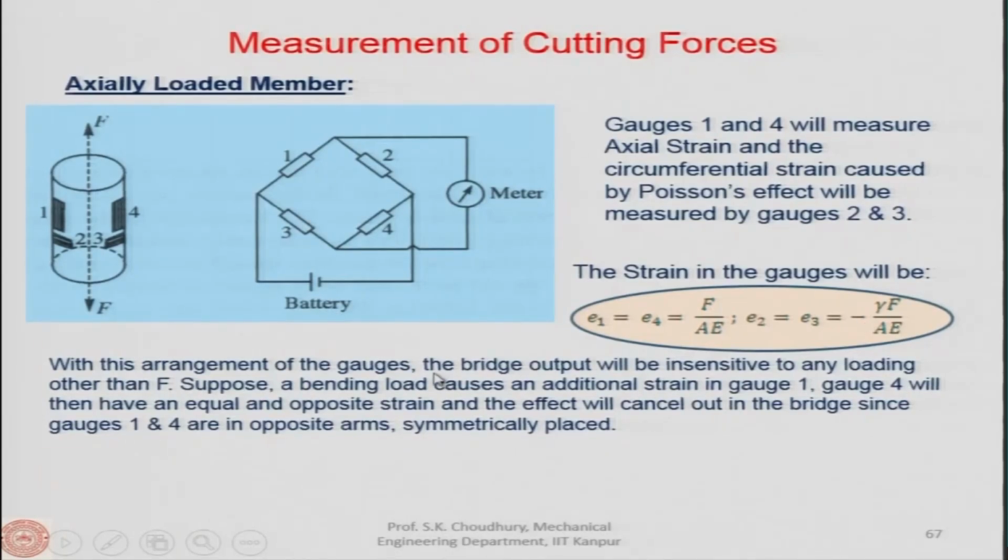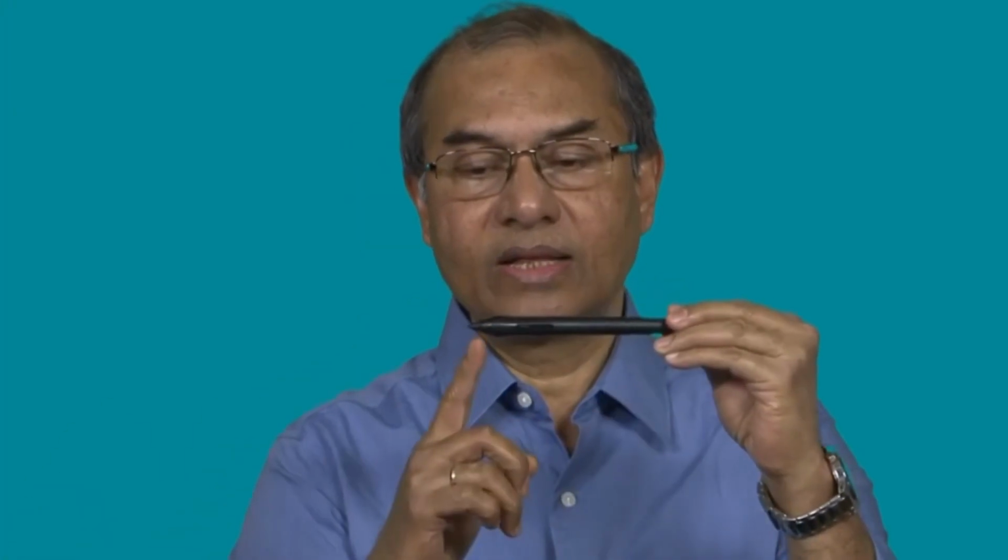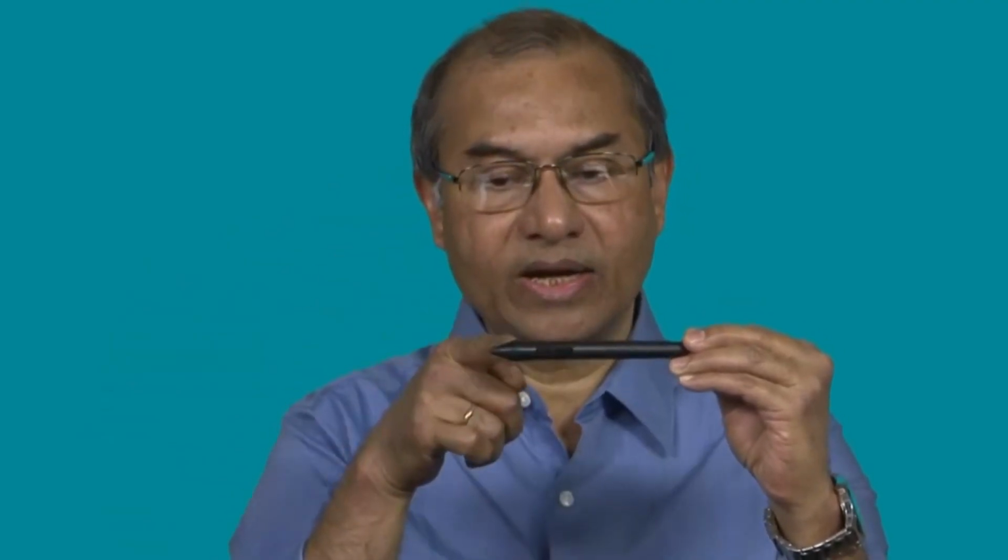Next, let us see the measurement of cutting forces with the help of a cantilever beam. This is the cantilever beam shown here, fixed on one side, and there are two loads: one located vertically, and another at a 90-degree angle to that.